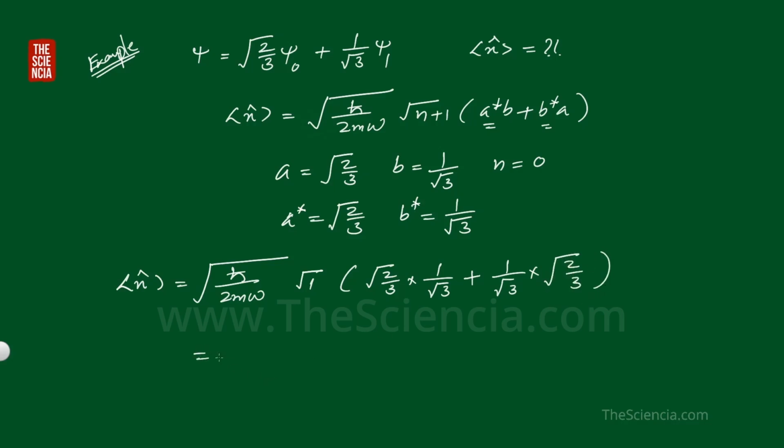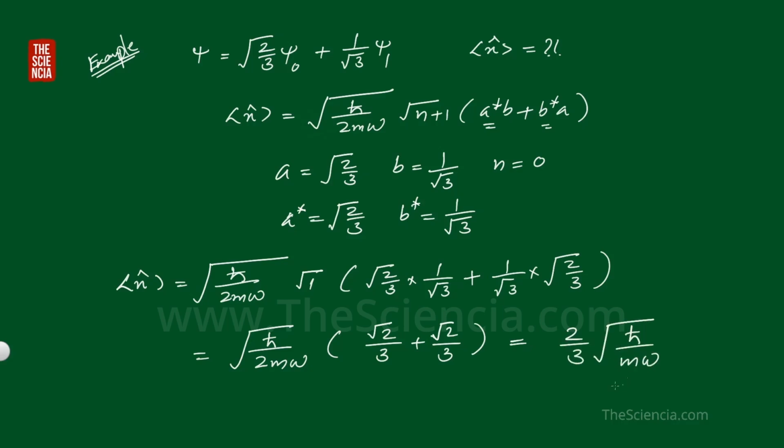So we get root h cross by 2m omega into (root 2 by 3 plus root 2 by 3), which is equal to 2 by 3 root h cross by m omega.